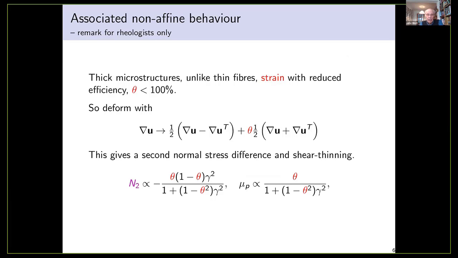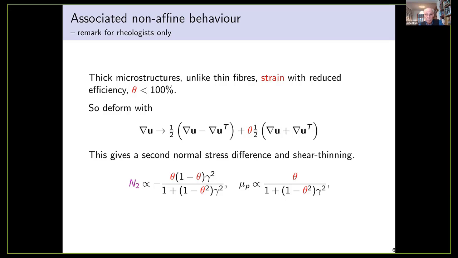So these thick microstructures, it turns out, put in a pure straining motion, don't strain with the imposed flow totally, not 100%, 50%, say. I actually know what it is for liquid drops, as it depends on the viscosity of the drop compared with the viscosity of the external suspending fluid. So the microstructure deforms with not the velocity gradient, but the antisymmetric part of the velocity gradient, which is the vorticity, because there's solid body rotation and it will rotate with solid body rotation.